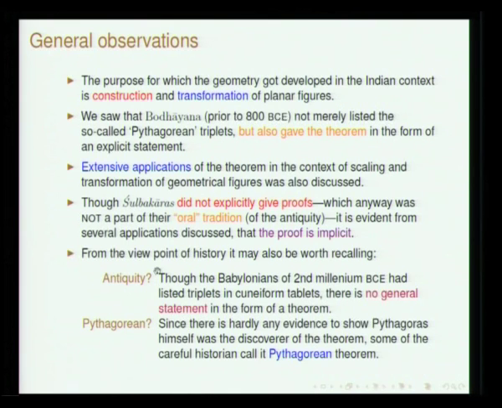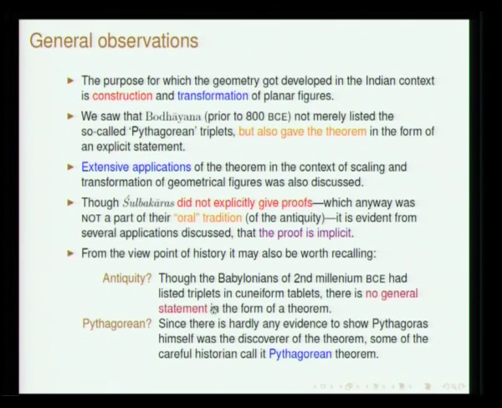And regarding the antiquity of this Bodhayana Sulva Sutra, this is another thing which we need to remember. In this tradition it has been an oral tradition, and therefore, any proof would have been conveyed by the teacher to the taught, though not explicitly available in the sutras themselves.